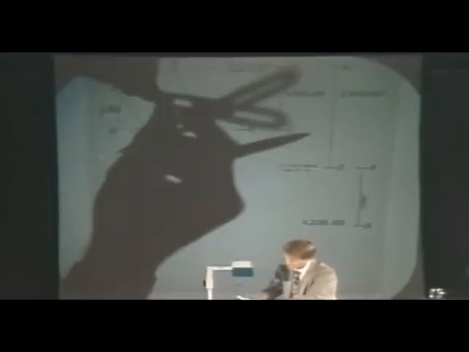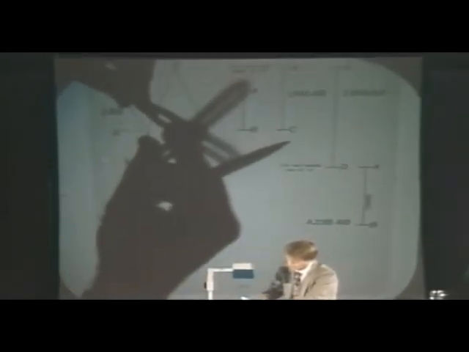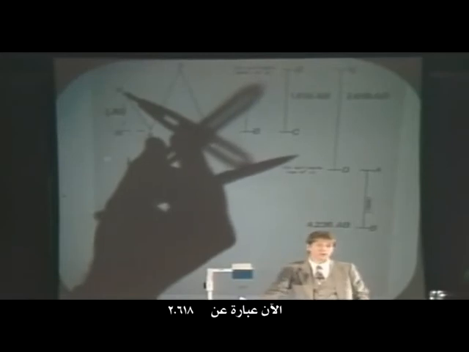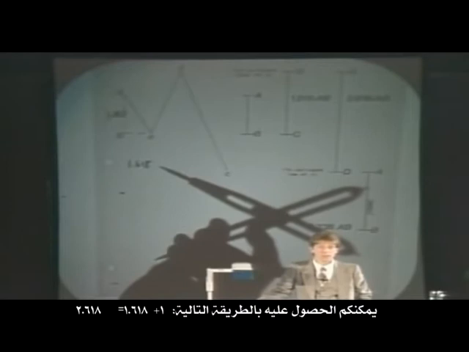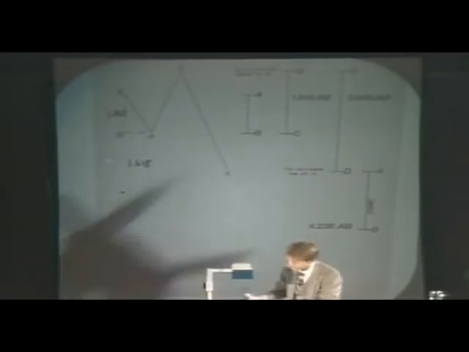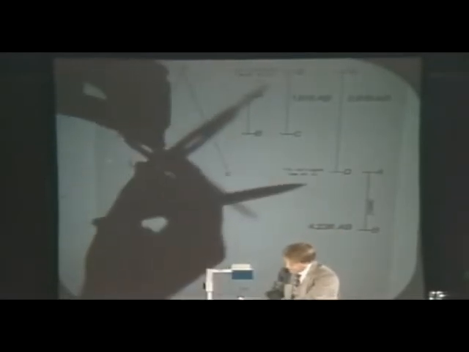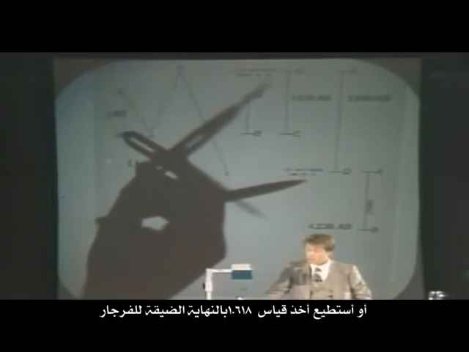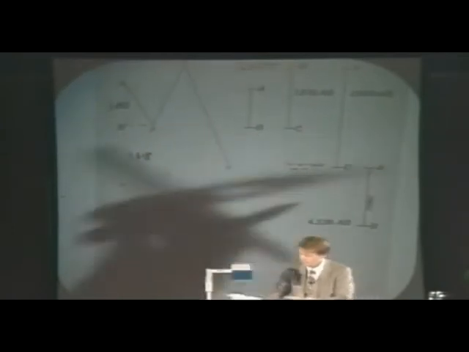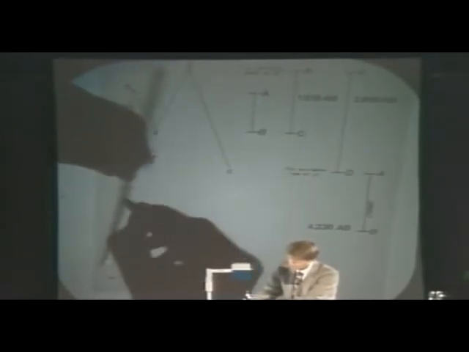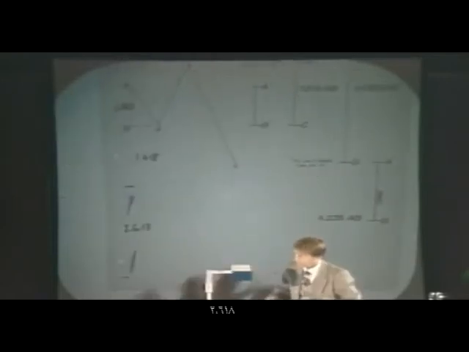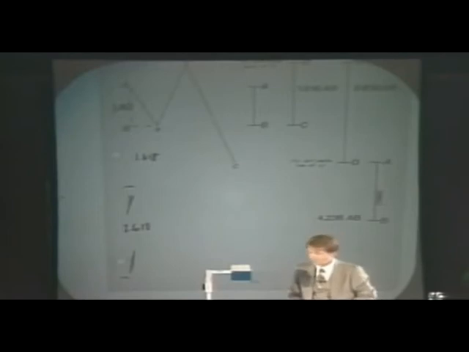This length is now 2.618. You can obtain it in that fashion. 1 plus 1.618 yields 2.618. Or I could just measure 1.618 with the narrow end of the compass, flip the compass again, and make a mark. And this length would be 2.618.